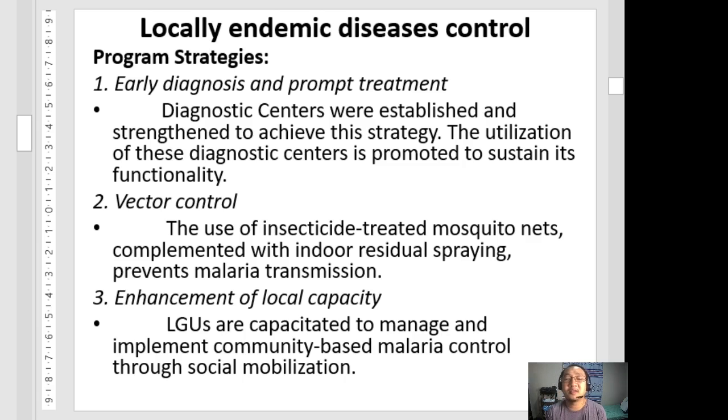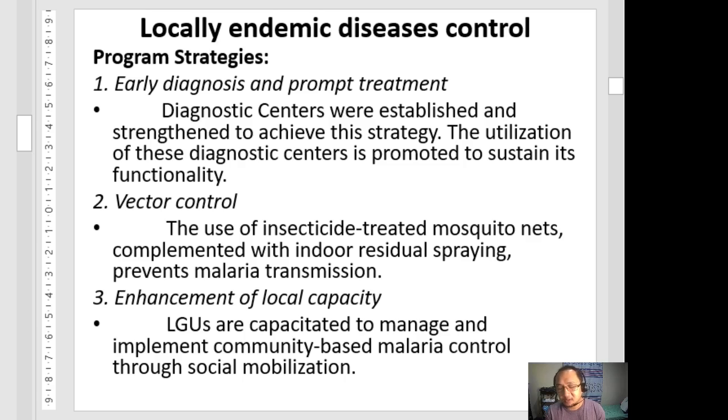Number three, enhancement of local capacity. LGUs are capacitated to manage and implement community-based malaria control through social mobilization. So the local government units should also seek the active participation of their constituents, of the towns, of the barangays they are covering.